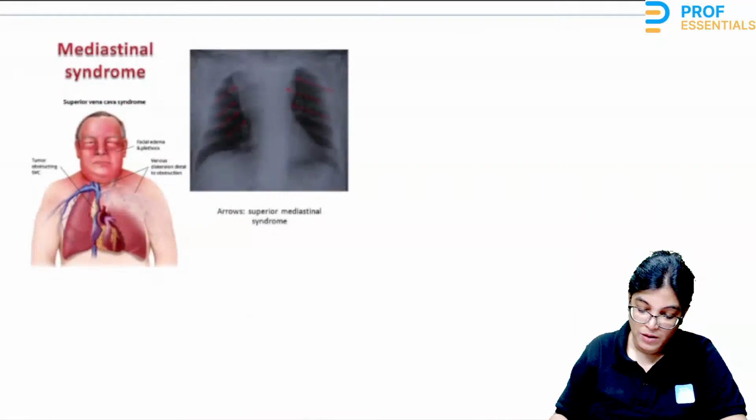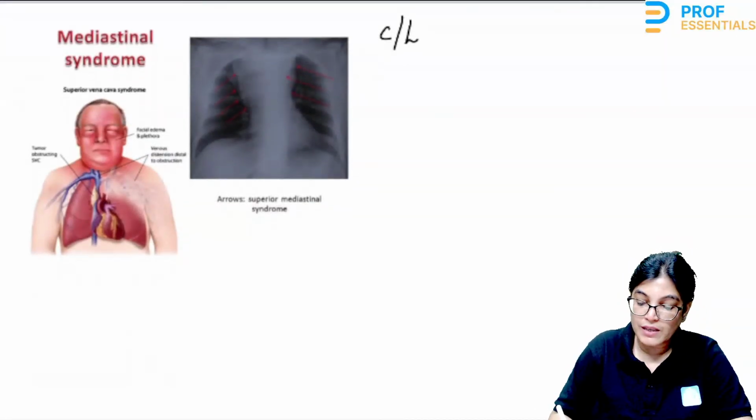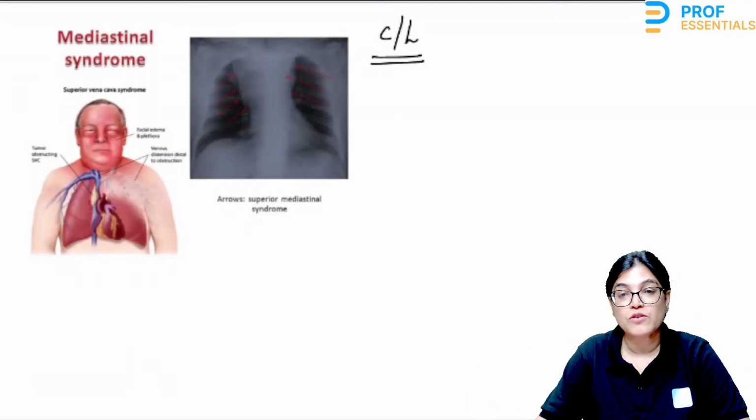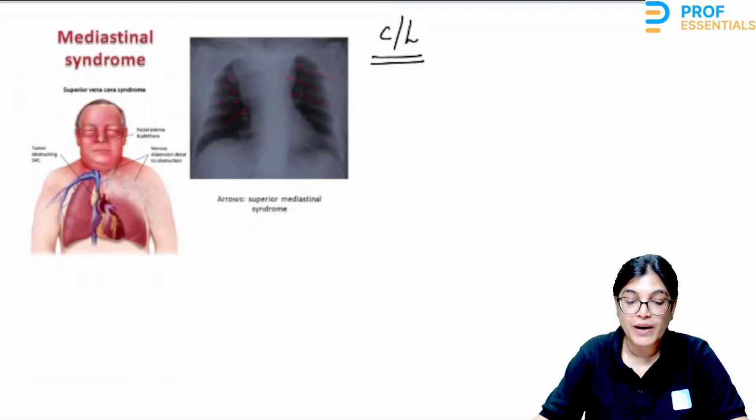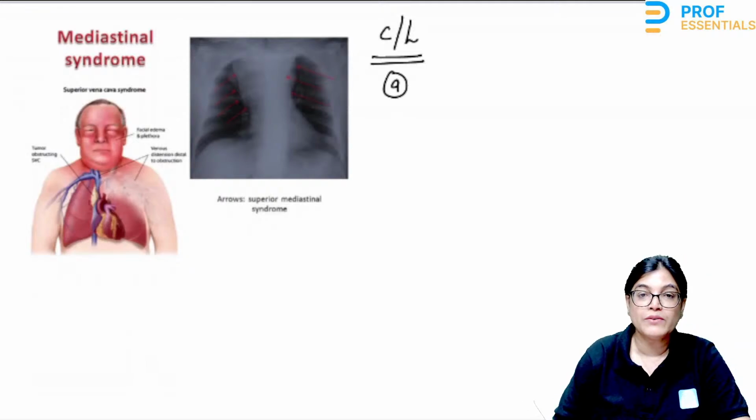Now, talking about the clinical features in this condition: if there is a case of bronchogenic carcinoma, a tumor, Hodgkin lymphoma with enlargement of lymphatics, or an aneurysm involved in the mediastinum, the clinical basis will be the involvement of structures.